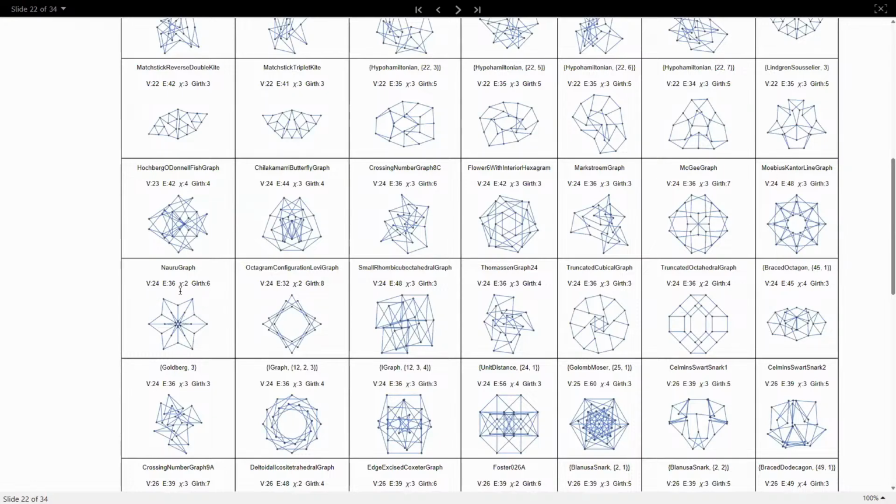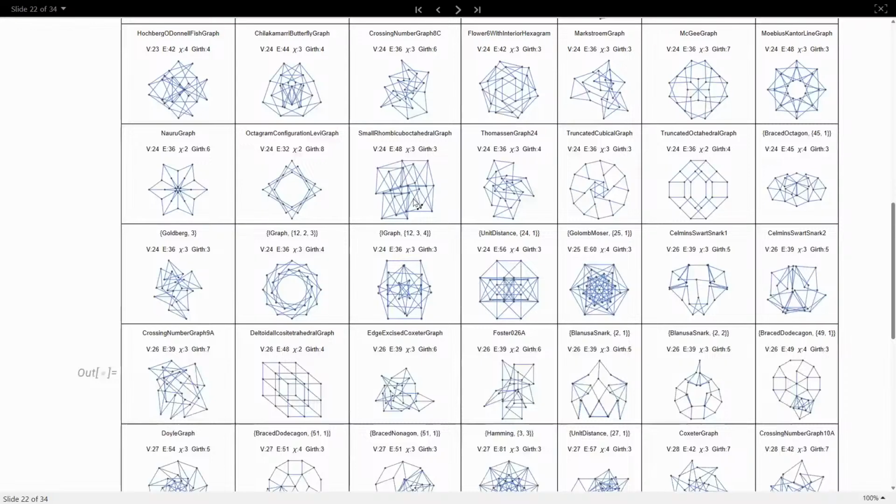The Nauru graph is a curious cubic symmetric graph that's also a map of how you can roll an octahedron and get all its various permutations for which face is up out of the 24 permutations.